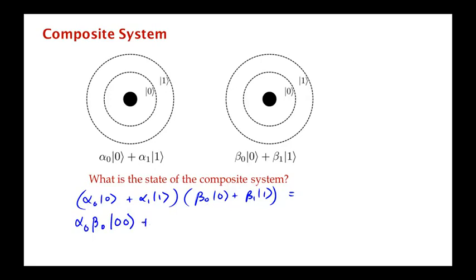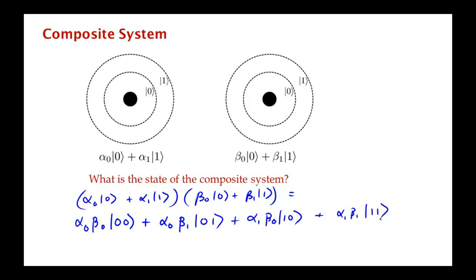The amplitude of 0, 1 is just alpha 0 times beta 1. The amplitude of 1, 0 is alpha 1 times beta 0. And the amplitude of 1, 1 is just alpha 1 beta 1.